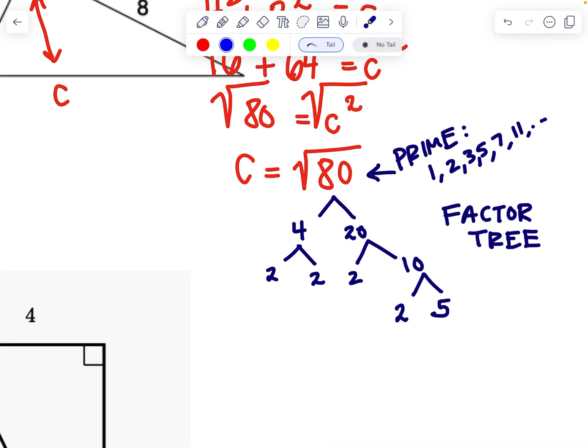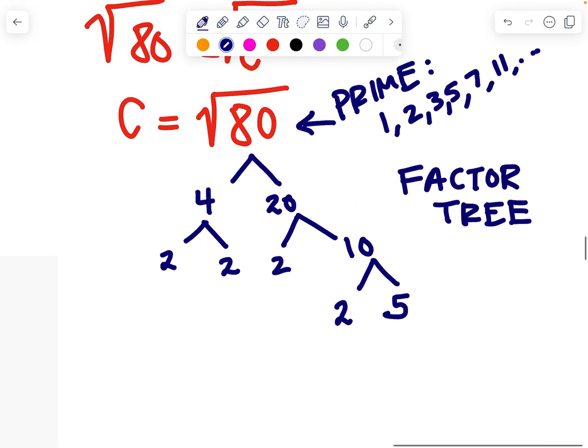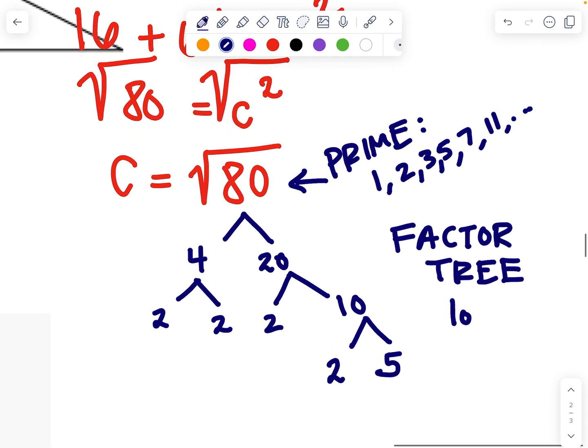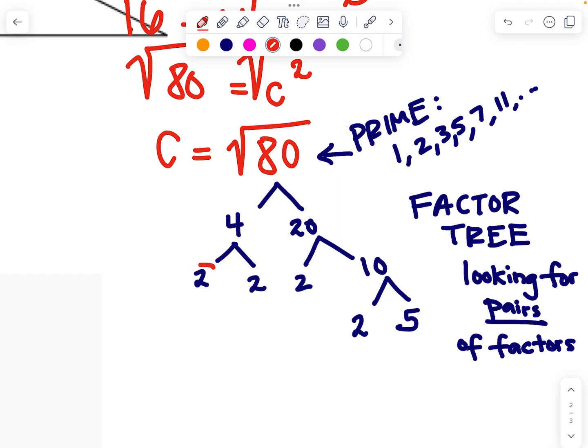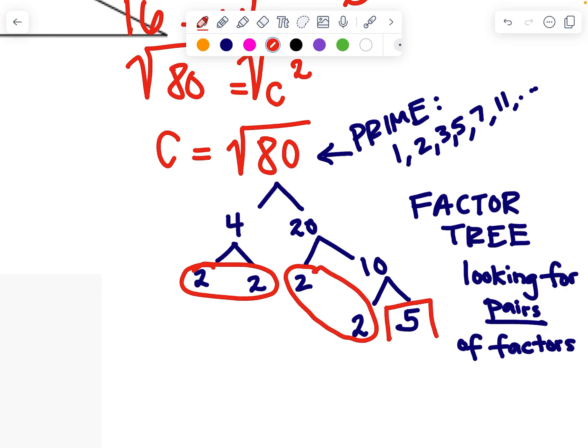Well, remember, we're looking for pairs of factors. So, for example, these 2's make a pair. These 2's make a pair. This 5 is all by itself.